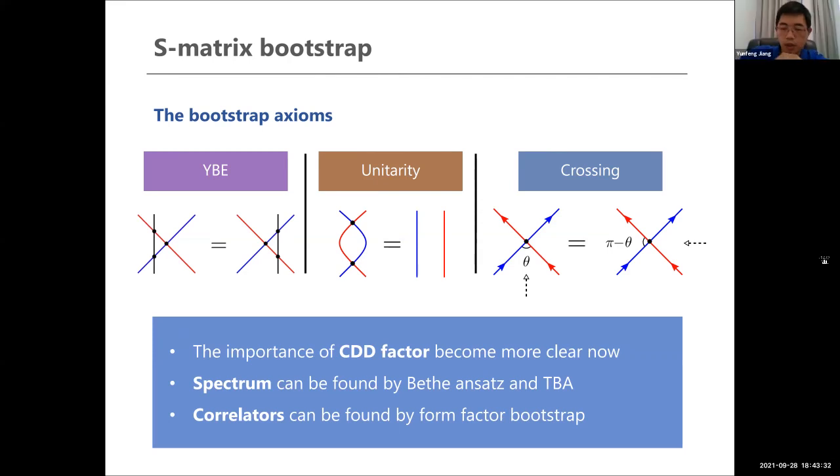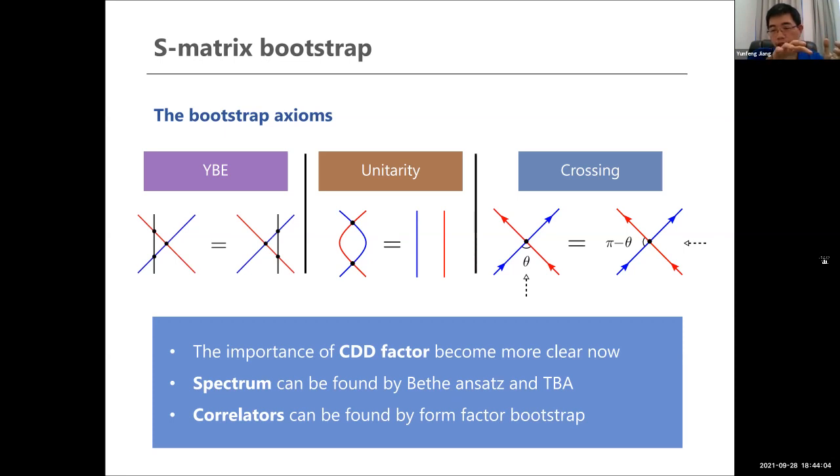Okay. So what I have in mind is the following. Previously, CDD was some ambiguity you wanted to fix and get rid of. Now suppose you take the S matrix and multiply by a CDD factor. Before it was not clear what you are doing. Now it becomes clear that if you do such a thing, you are performing a TTbar deformation of your theory.